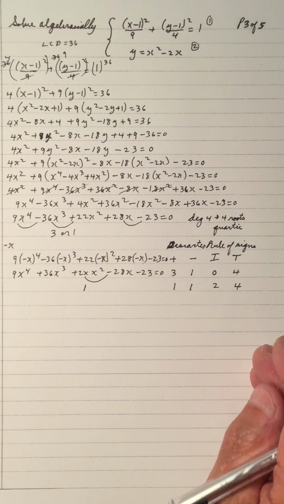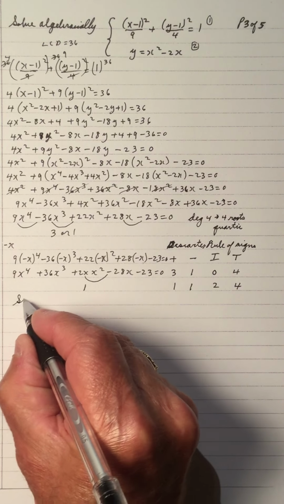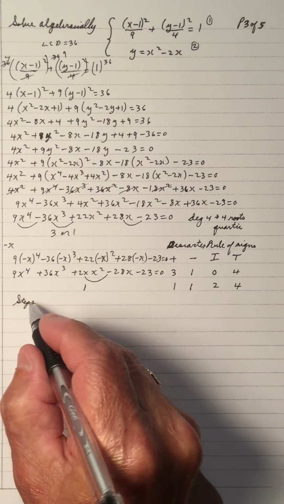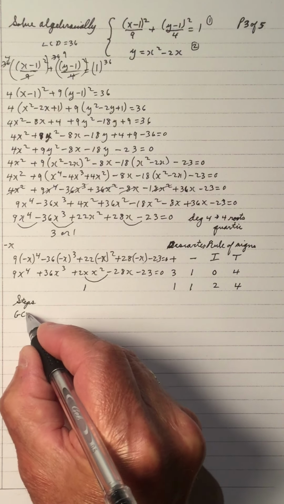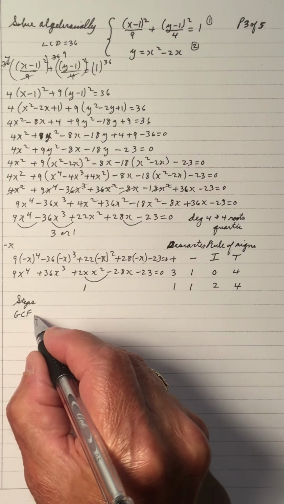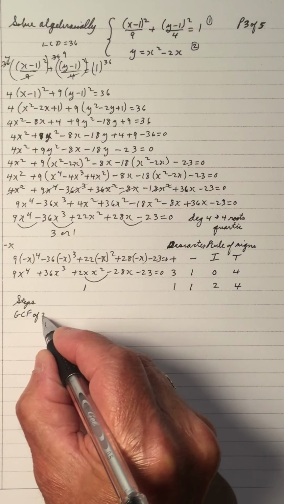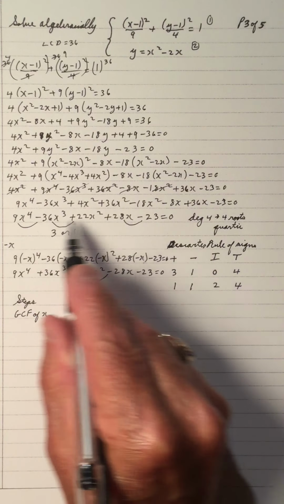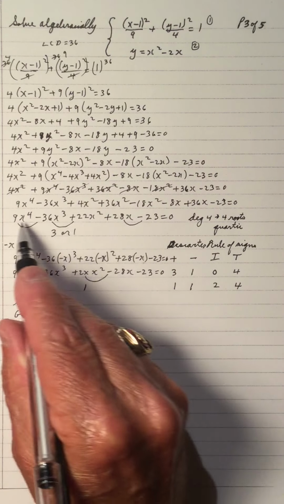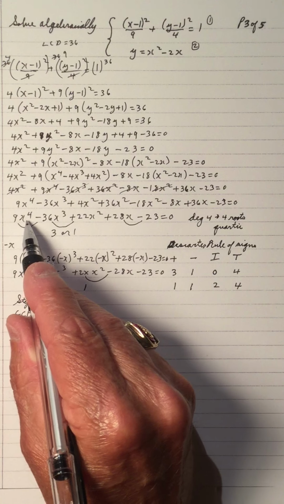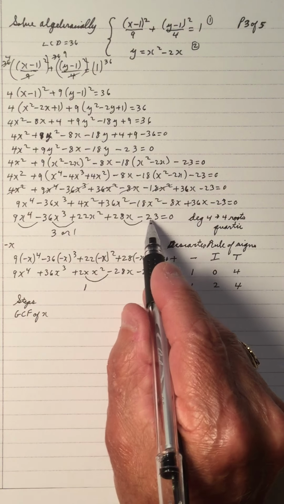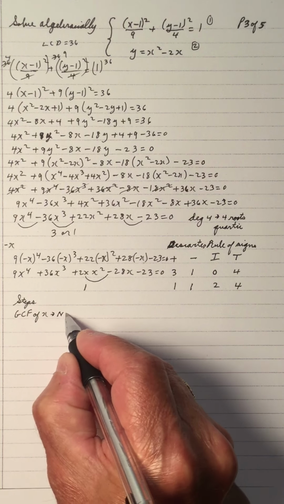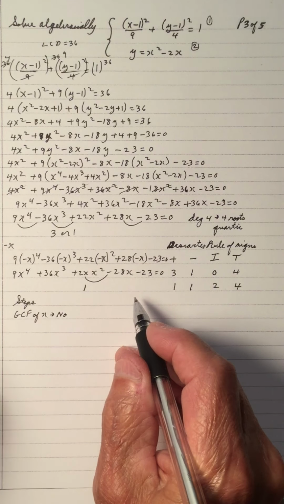So the steps that I use, when you look at my unit that I did, I look at what we call the GCF. And I look at the GCF of x. So when I look at this equation, this is the equation we derived, there's no x here, so x is not a GCF, so 0 is not a root.